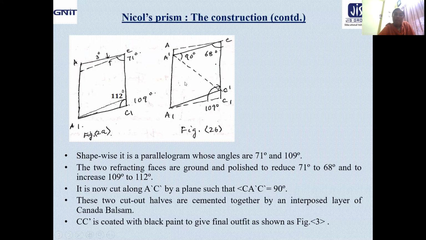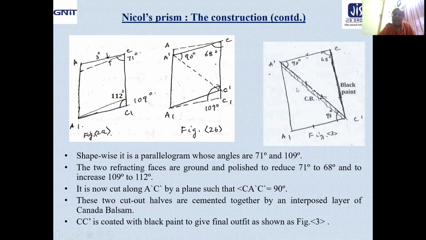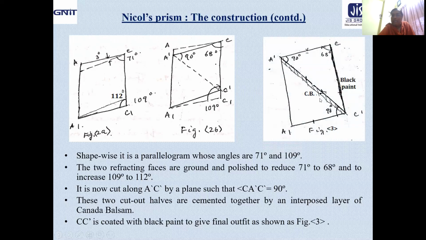Now, very interesting one. Because you have divided it into two sections, these two cutout halves are now cemented together by an interposed layer of a special type of adhesive called Canada balsam, mentioned here as CB.